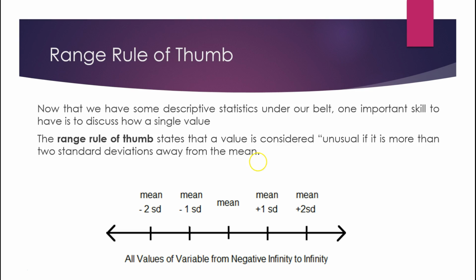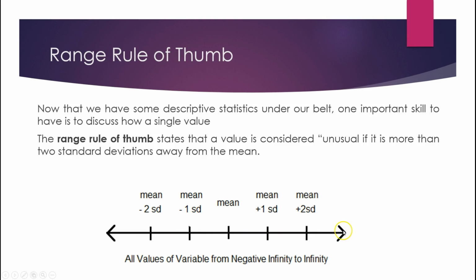I have a number line along the bottom, and we'll see this again. We'll create some of them ourselves, where we have the mean in the middle, and think of it like a staircase, where each step to the right adds a standard deviation, and each step to the left subtracts a standard deviation.